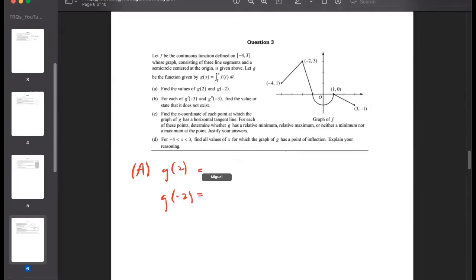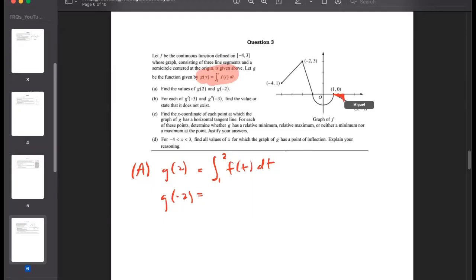Well, g of 2, if we use the equation on top for what g of x represents, is the integral from 1 to 2 of f of t. Now we're given the function f up on top. So the integral represents the area underneath the curve from 1 to 2. So that means that we need to find this little area.